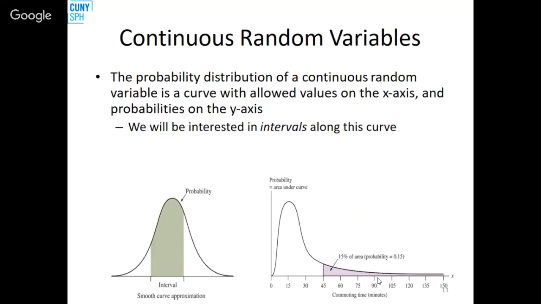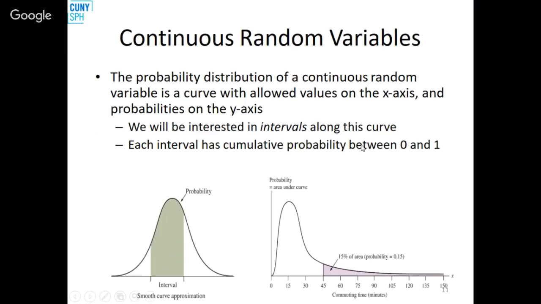So we're interested in intervals along this curve. These intervals must have a cumulative probability of somewhere between 0 and 1. It will in general be 0 if that interval becomes infinitesimally small, and 1 if it covers the entire range of allowable values.